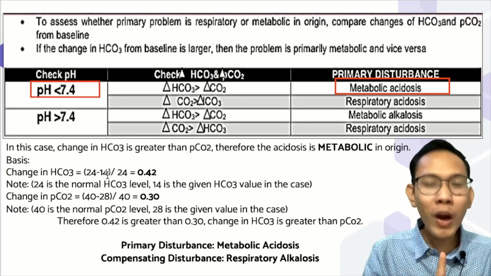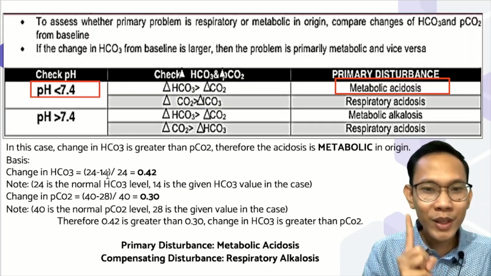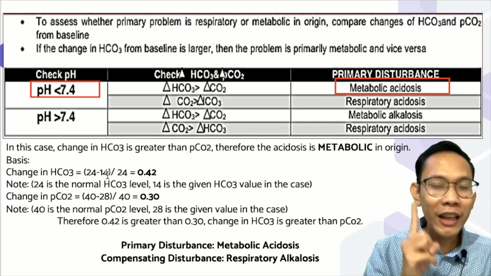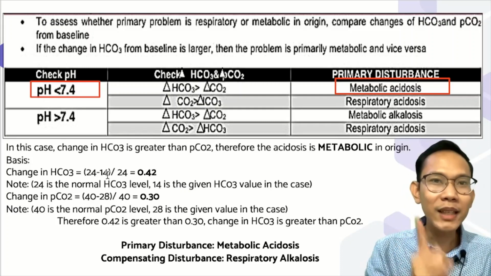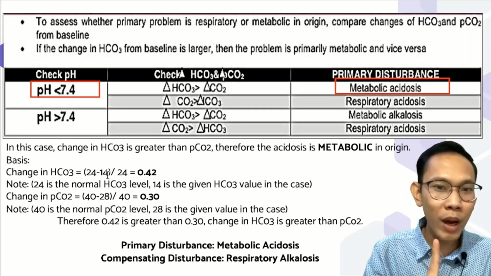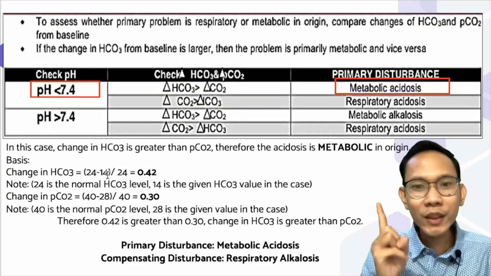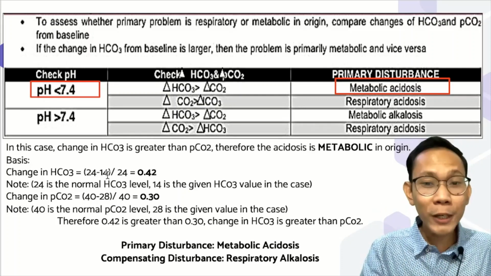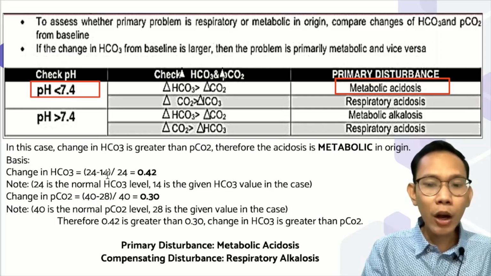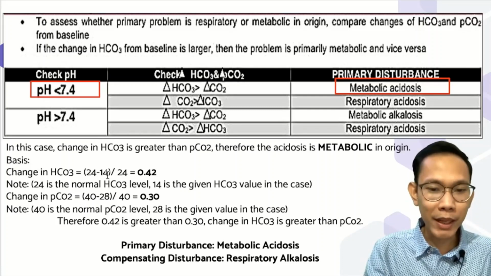Kung ano yung step 1, whether acidosis or alkalosis siya, you have to determine yan yung primary problem natin sa step 2. Okay? Acidosis, for example, acidosis sa step 1. Therefore, kung sinong may acidosis sa step 2, siya ang primary problem. Ay yung natira, that's gonna be your compensating disturbance.